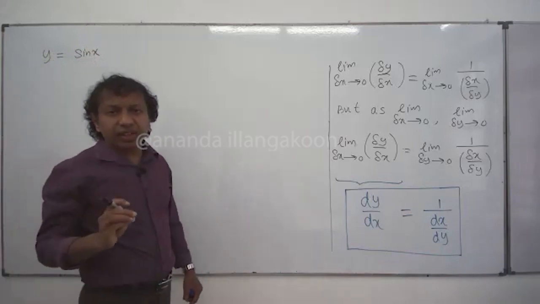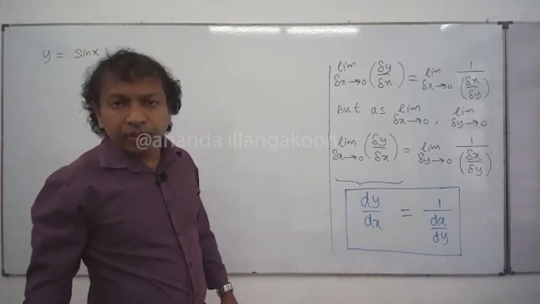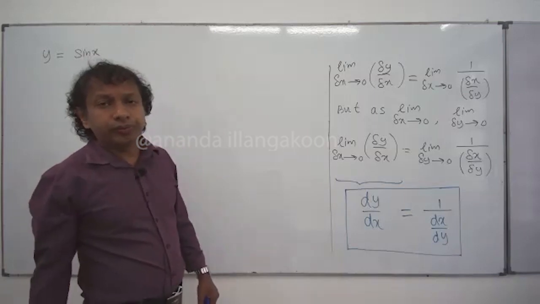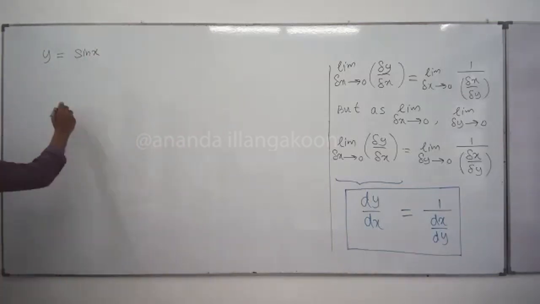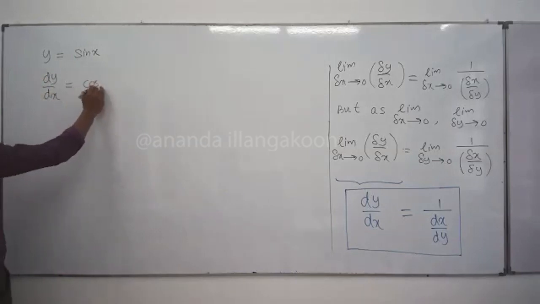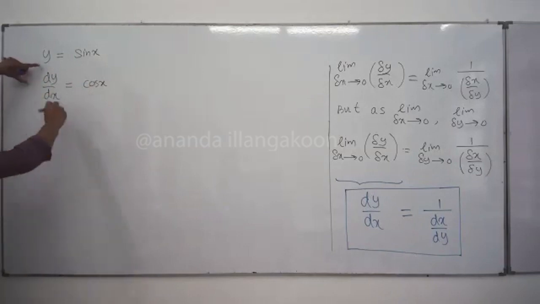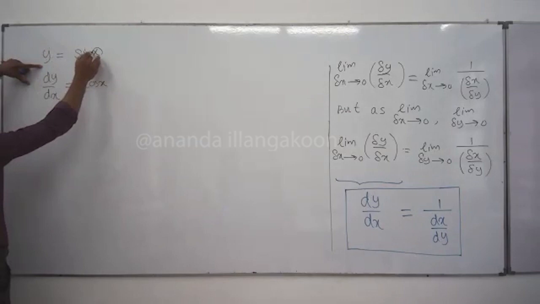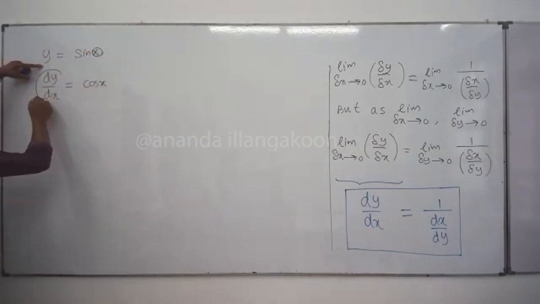For the function y equals sin x, we found the derivative, dy by dx, as cos x. Here, this is how we think. On the right hand side we have x, and that x only comes in the denominator of dy by dx.